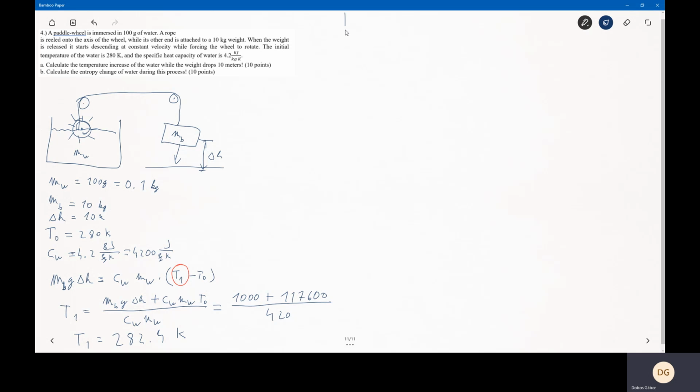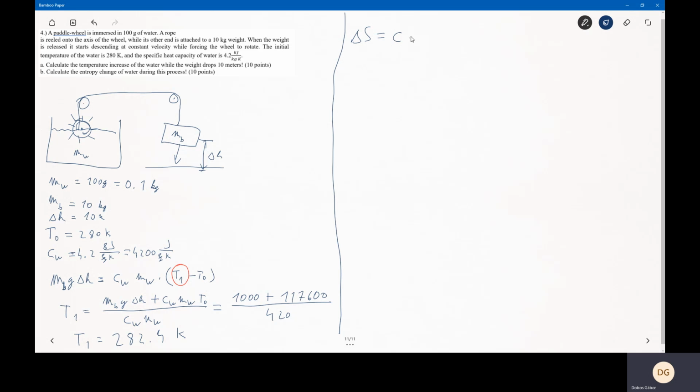So the second part of the problem asks us to calculate the entropy change of the water, and this is where you should remember that big logarithmic formula for the entropy change, or if you don't remember it, deduce it. Remember in the previous problem I showed you how to deduce that formula, and also in the lectures, but I think it's easier just to remember it.